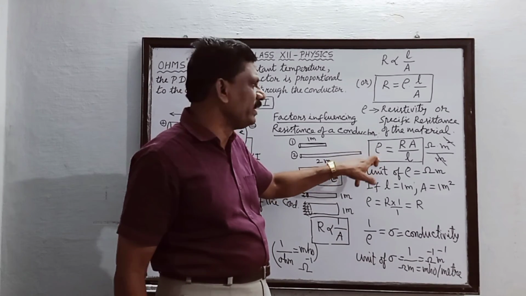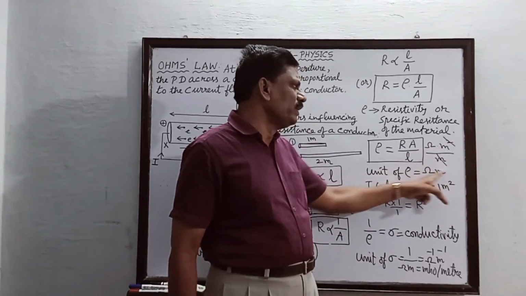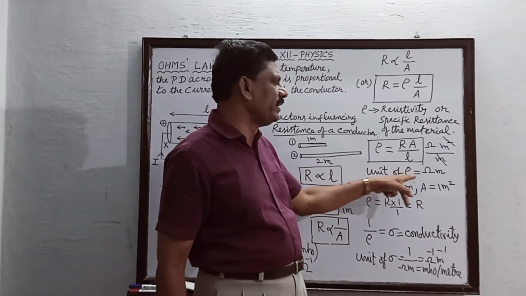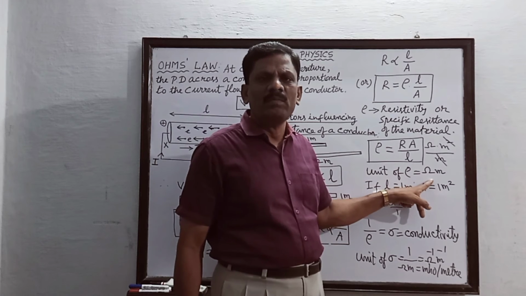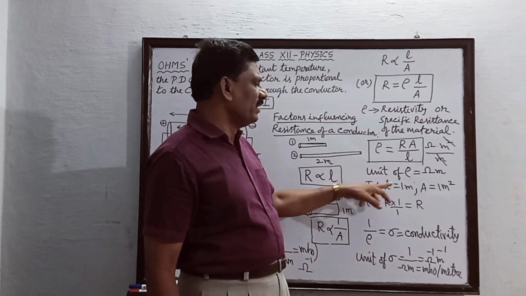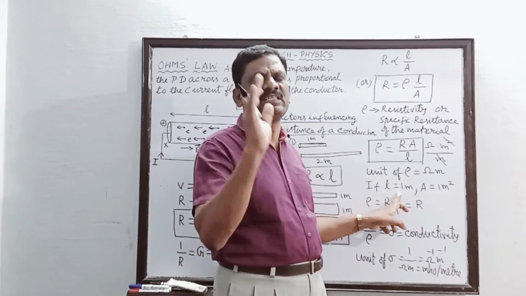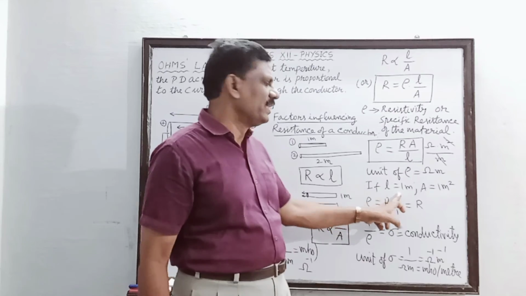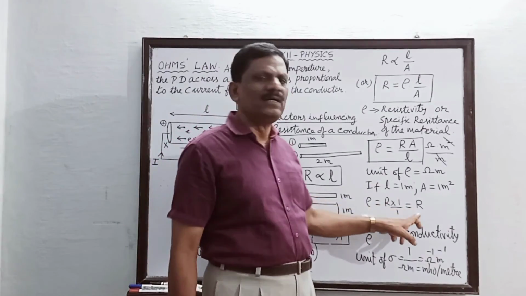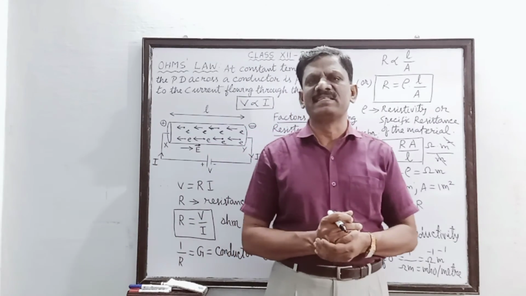We have rho equal to R into A by L. Substituting the units individually, the final unit of rho is ohm into meter. If the length of the conductor is specified as 1 meter and area of cross section as 1 meter square, then rho is equal to R. This is how we got a definition for specific resistance.